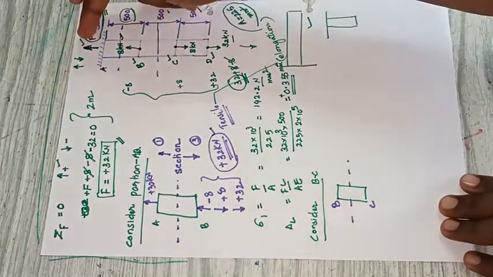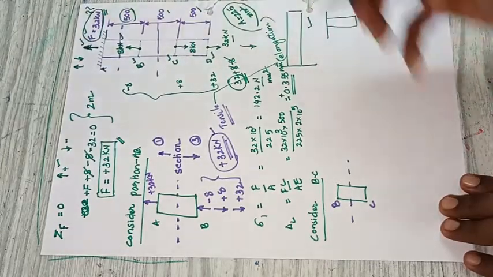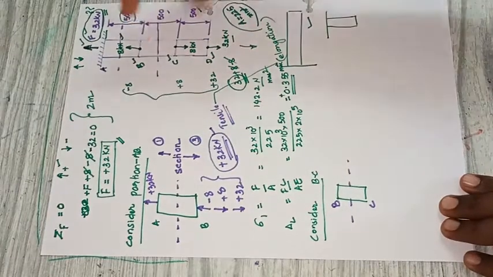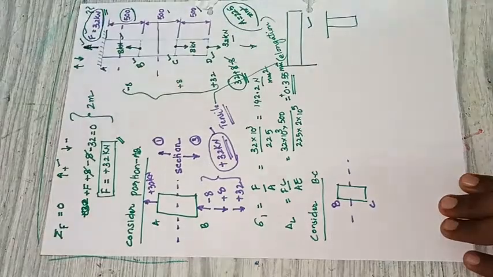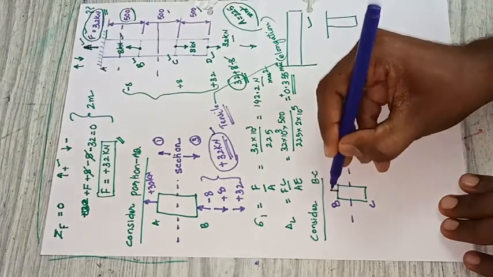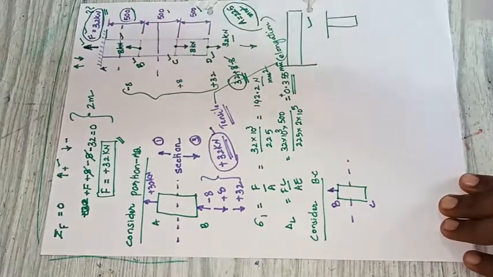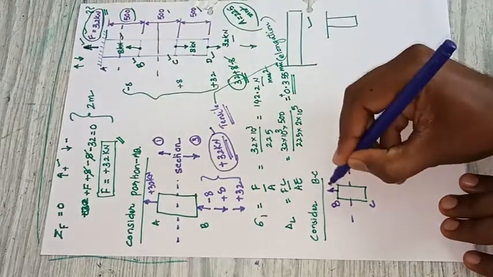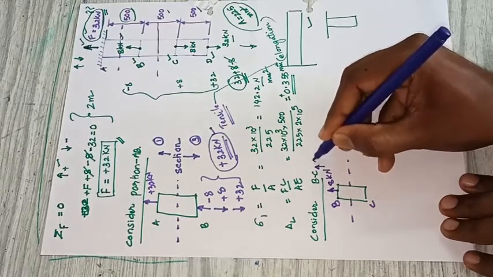There are 2 forces acting above and 2 forces acting below the section. I will take the direction above. Two forces are there: 8 kilonewton and the reaction force 32 kilonewton. Both are acting away from the BC portion.